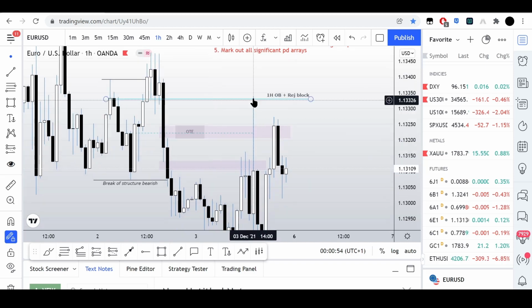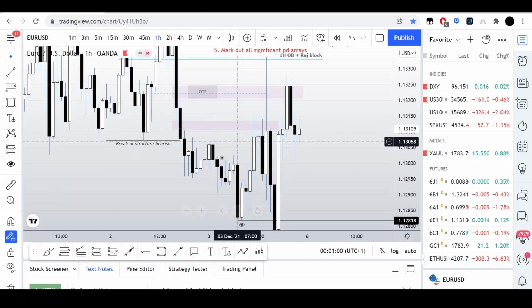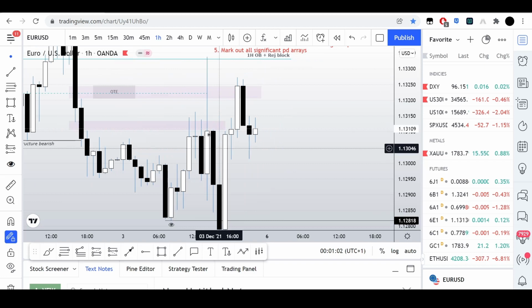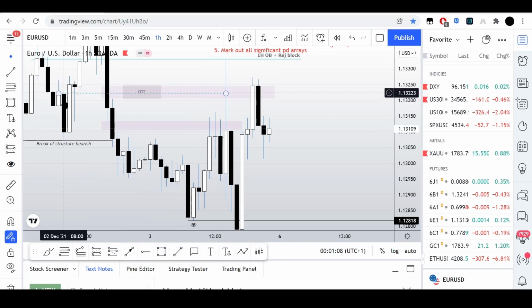When price came up into this rejection block, it broke down. And what did the bodies of the candles do? They never closed above this FVG, still in this breaker. Never closed above this one, and definitely never closed above this one.